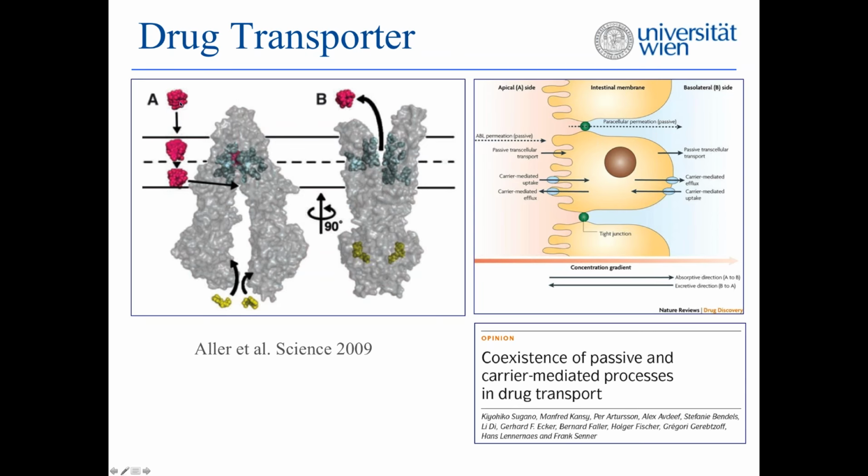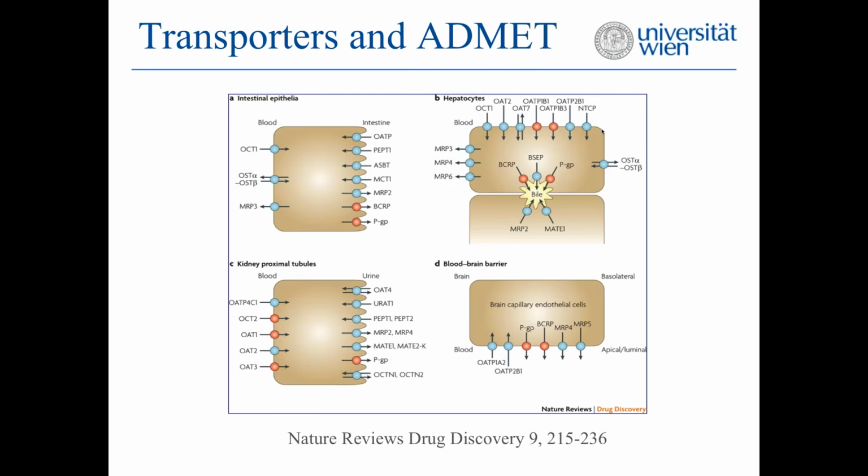We know that we can block it with a lot of compounds. We know its role at the blood-brain barrier. We know its role in ADMET, at the intestine, at hepatocytes, blood-brain barrier, at kidney cells. So you see you have a lot of transporters. It's not just P-glycoprotein.